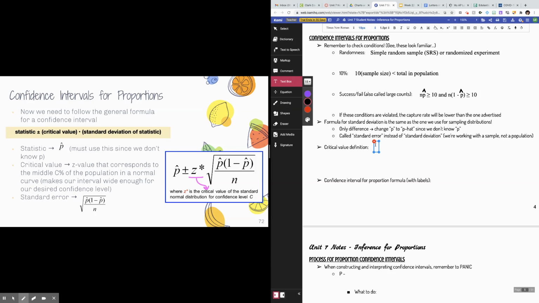Your critical value is the z value that corresponds to the middle C%, like 90% or 95%, whatever your confidence level is, the middle C% of the population in a normal curve.